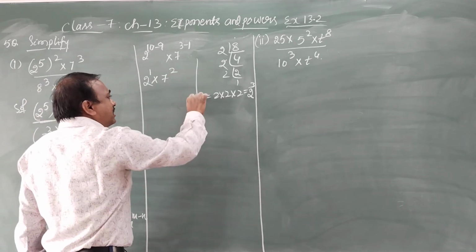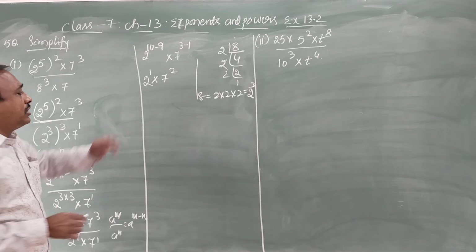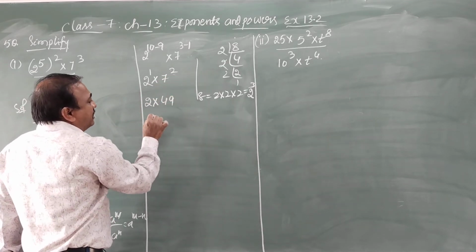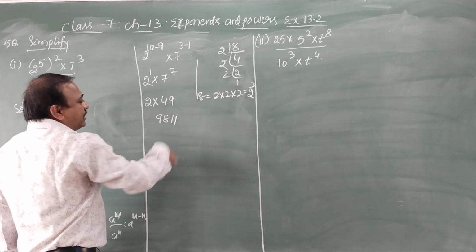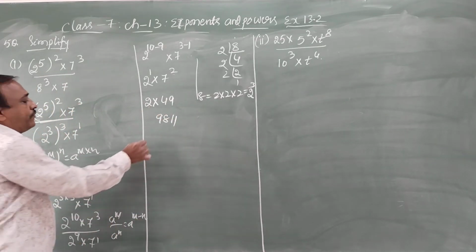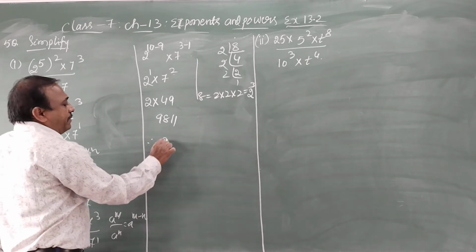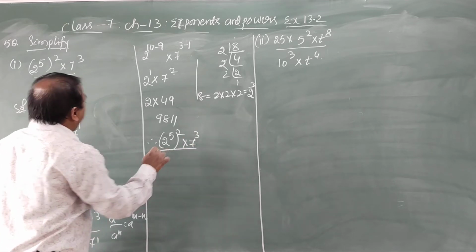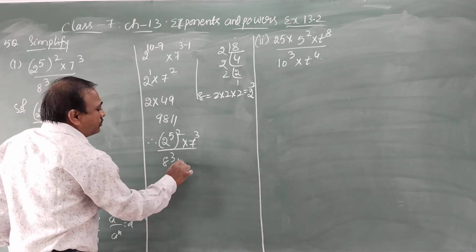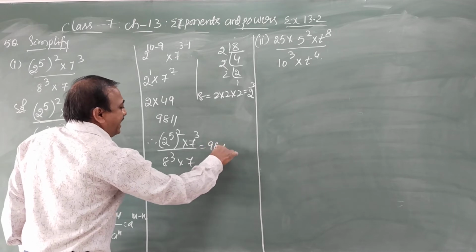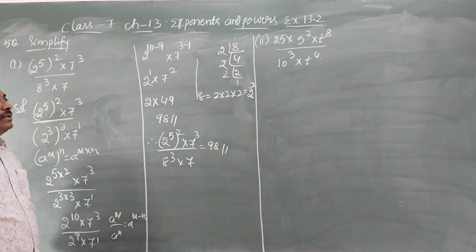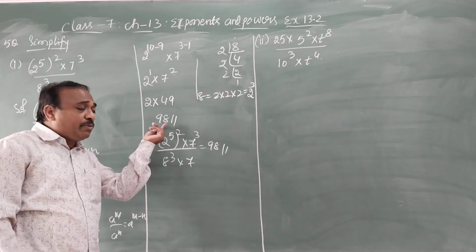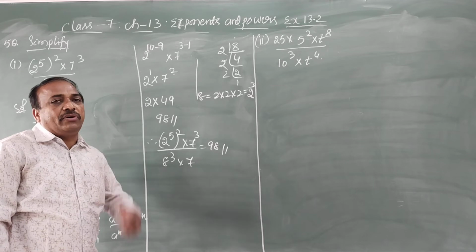Finally he is asking us to simplify the final answer. 2 to the power 1 means 2, into 7 squared, which is 49, so 2 into 49 is 98. Therefore (2 to the power 5) whole to the power 2 into 7 to the power 3, by 8 to the power 3 into 7, is equal to 98. For each one we need to write 'therefore'. Understood how to simplify? Now this is not in the exponential form, since this final answer we have written here.